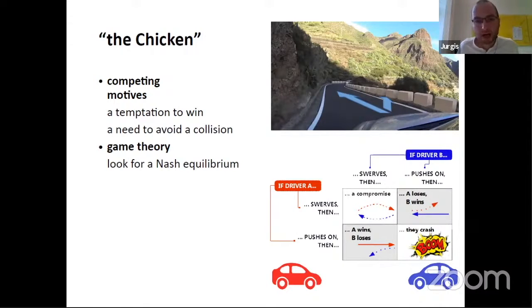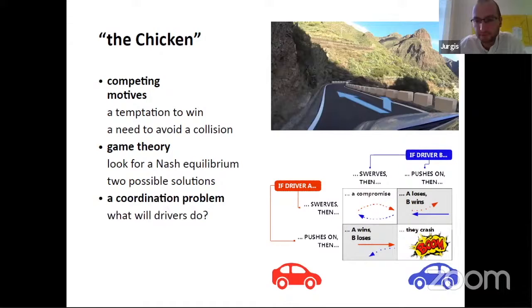In game theoretic jargon, there are two Nash equilibria in the game. And one driver here should push on and the other should swerve. But from each individual driver's standpoint, it is not clear who should push on and who should swerve. So game theory and this standard notion of Nash equilibrium that comes from game theory is not very helpful for the drivers who need to quickly decide what to do in the game.